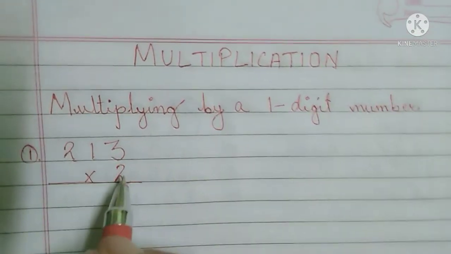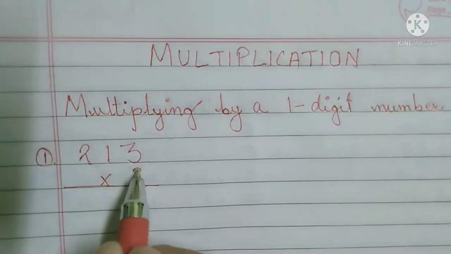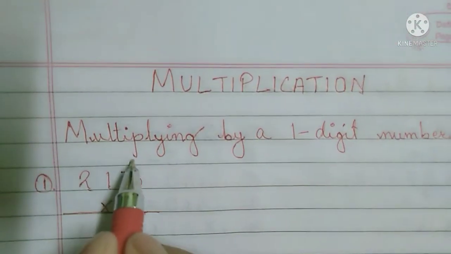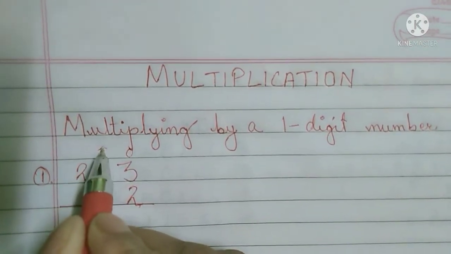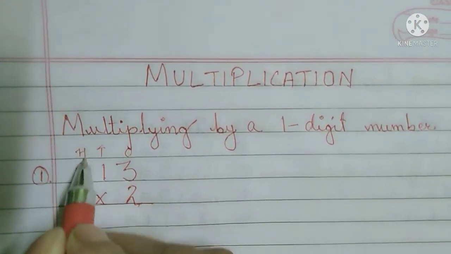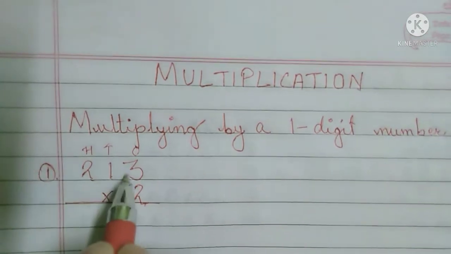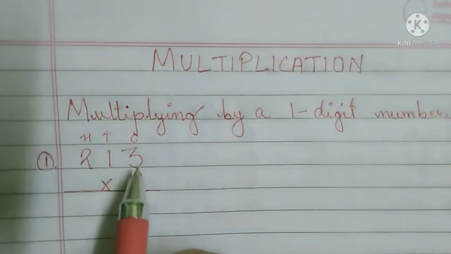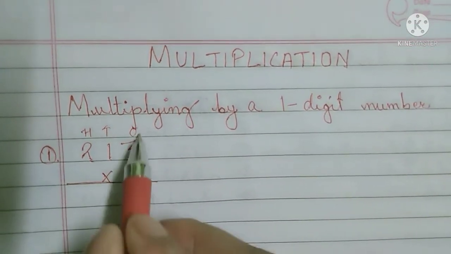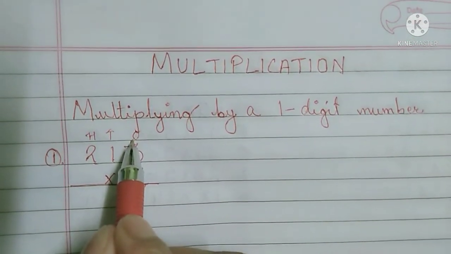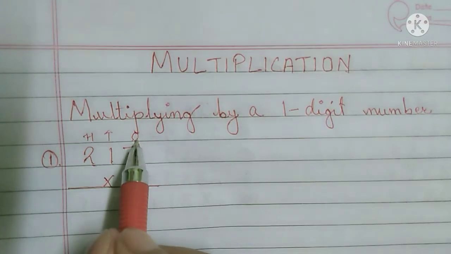First, as we all know, this is ones place, tens and hundreds. Every time when we multiply, we have to start from ones place.